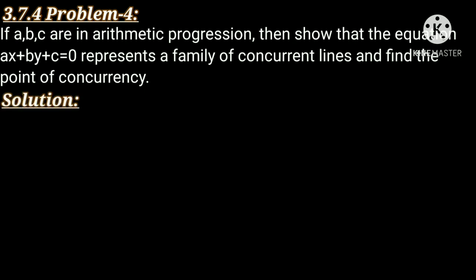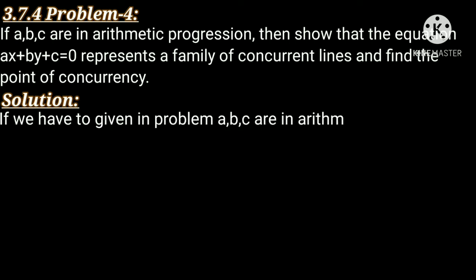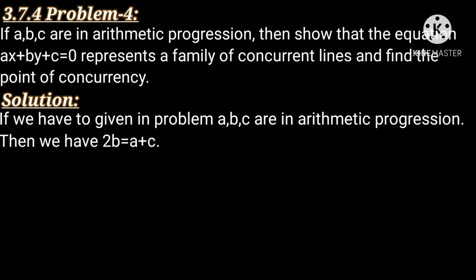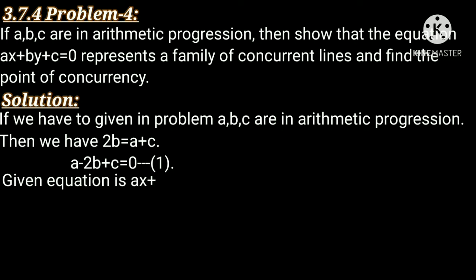Solution. If given a, b, c are in arithmetic progression, then we have 2b equal to a + c. From this we write a - 2b + c equal to 0. This is equation number 1. And the given equation is ax + by + c equal to 0. This is equation number 2.